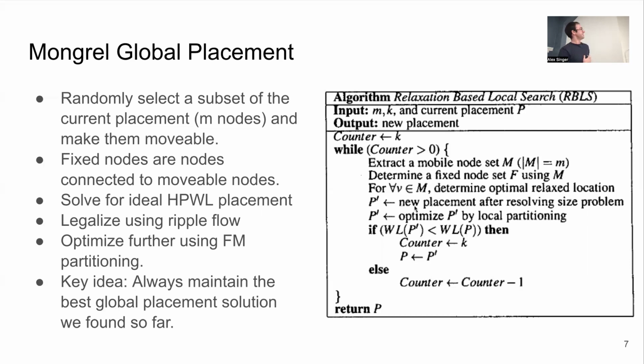How do they grab the subset? I didn't mention this in the slides. What they do is they randomly, literally randomly, select a net in the net list that has a fan out less than or equal to m, and then they add all of the nodes on that net into that set M. And then if they don't have enough yet, they'll start looking at those neighbors again randomly.